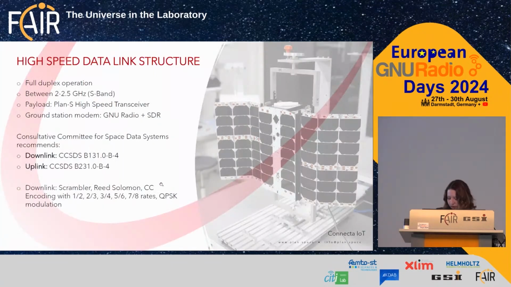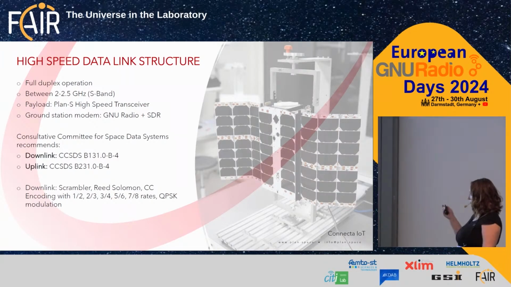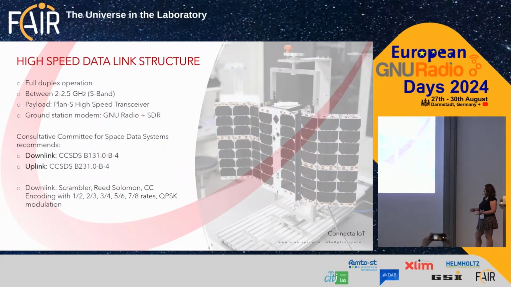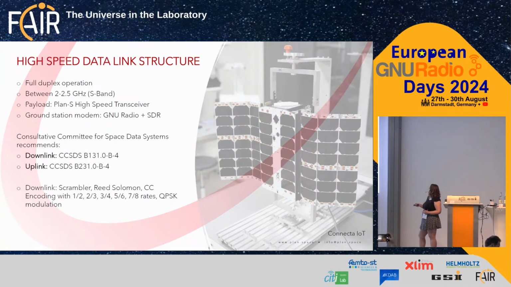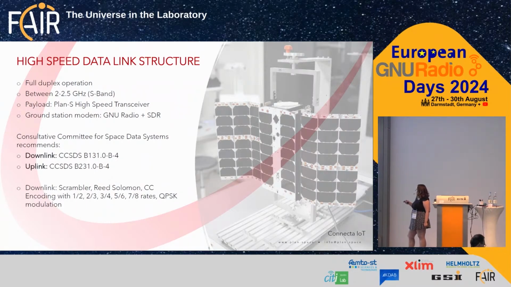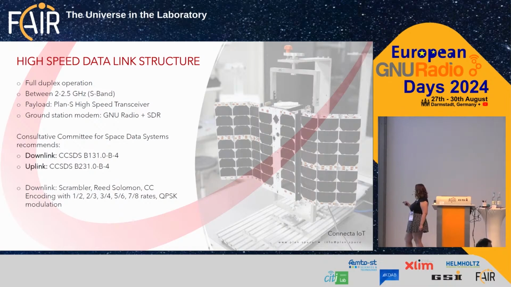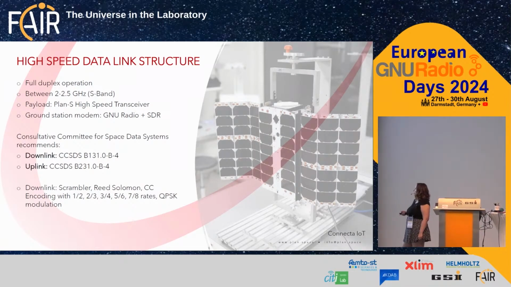So let's get started. How did we download all of the videos that I've shown? We are operating in full duplex at S-band, which is between 2 and 2.5 gigahertz. Our payload, which is the thing that you put into your satellite to communicate with the ground station, is our own design.